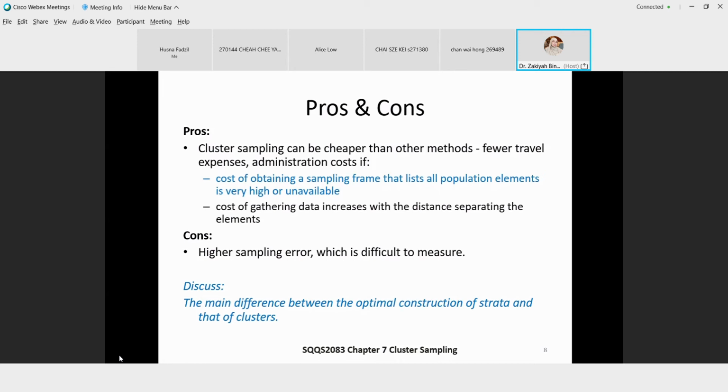Because there are fewer travel expenses, lower administration costs, if the cost of getting a sampling frame that lists all the population of elements is very high. Or in some cases, it's not even available, or it's impossible to get the list of elements. Remember the example just now, the resident adults? Who's going to keep the list of people who live in them?